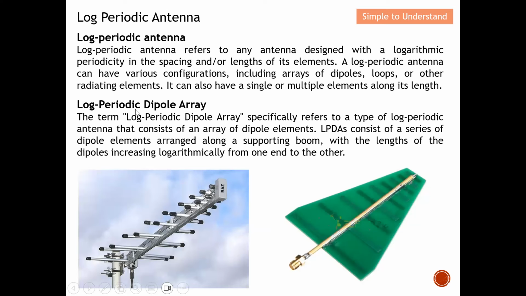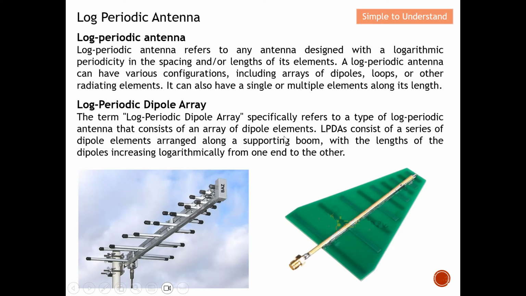So what is actually a log periodic dipole antenna? It's actually the same as a log periodic antenna. In this form, it is a log periodic dipole array. Basically, this will be a boom. You can see that these are just a planar surface of elements connected along the boom at logarithmic intervals, as I illustrated on the log periodic antenna.